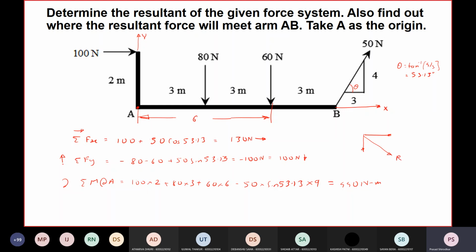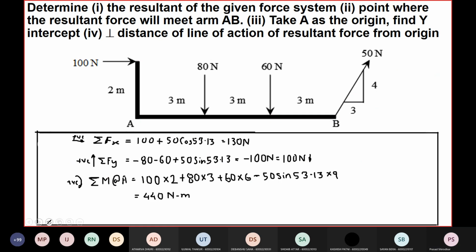This is your resultant. Okay, this is your summation Fx and this is summation Fy. Okay, and this is the angle. You already used theta over here, so I will call this as phi. So this is my x-axis, this is coordinate axis, this is the resultant.